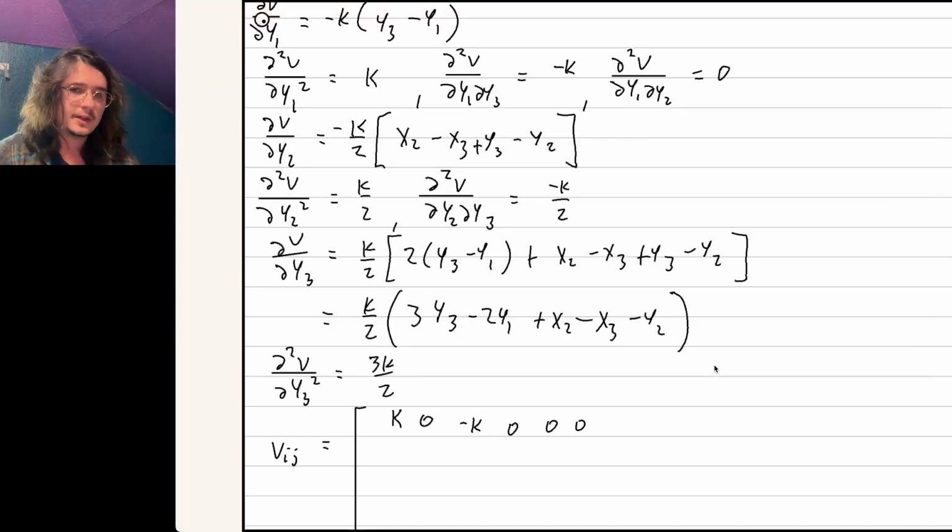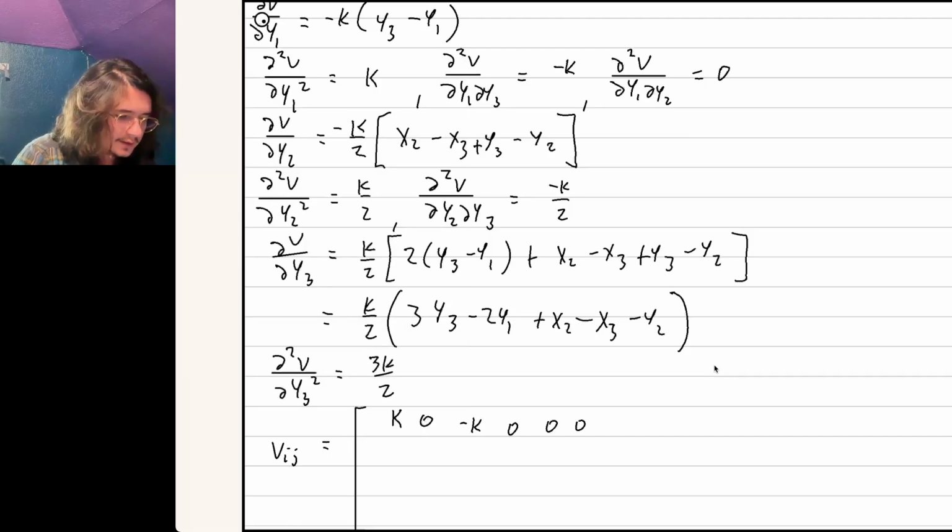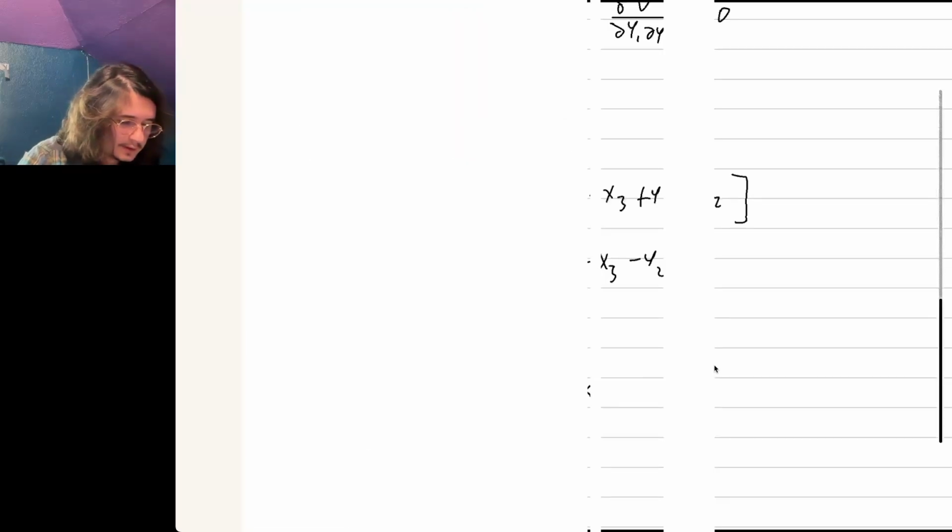Looking at the y1 stuff, we had del v squared del y1 squared was k. This is going to be 0. We had y1 y3 and y1 y2. So 0, minus k. The rest will follow suit.